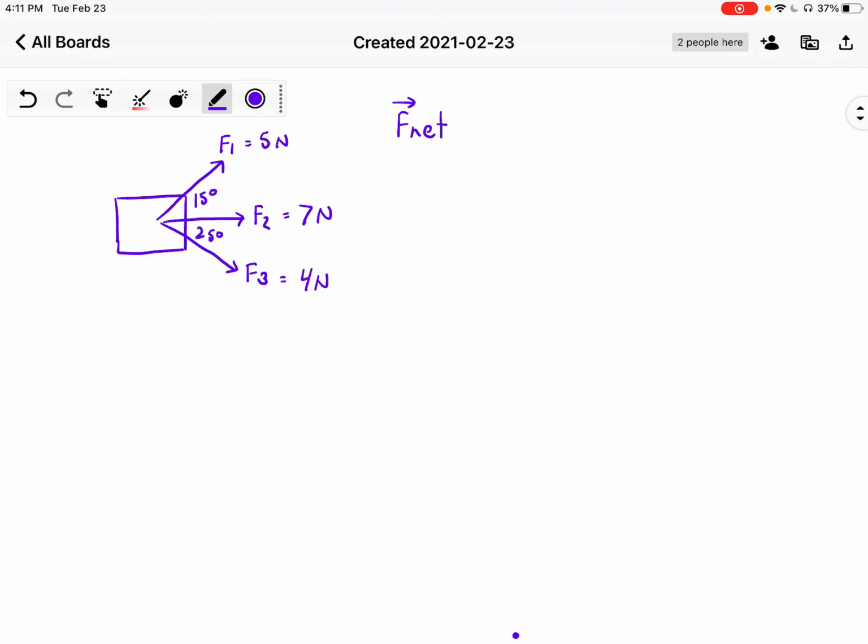is a vector, which means it's the vector sum of those three forces. So it's F1 plus F2 plus F3 added together, but I've drawn little vector arrows on top of those to indicate that this isn't a normal sum, it's a vector sum, which means you need to add the x components, add the y components, and then combine them separately and put the whole thing back together again in the end.